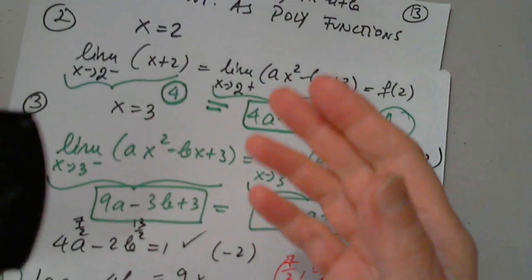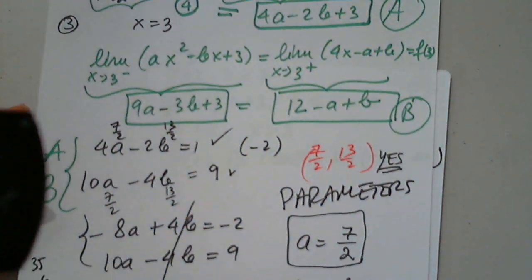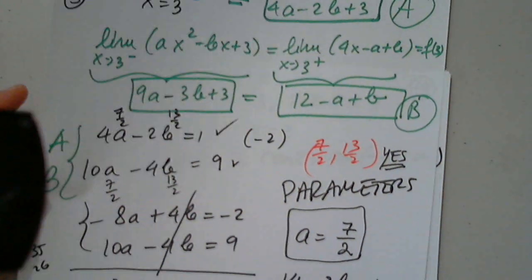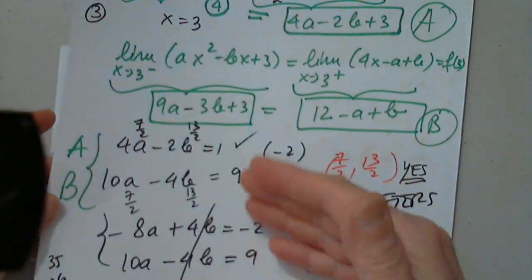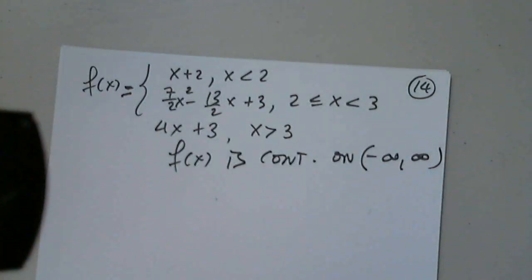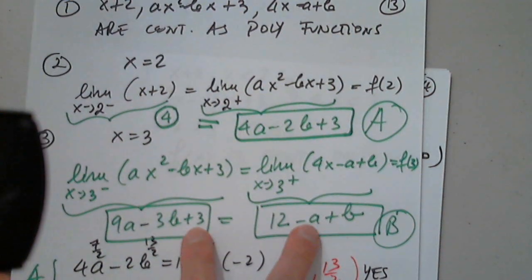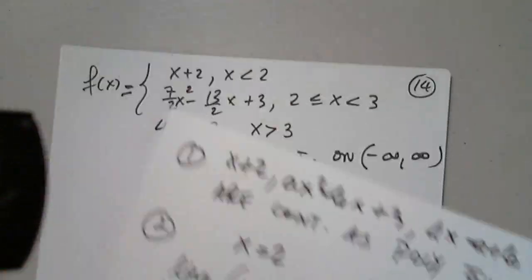So you have to set it up and so on and so forth. It's not really for a test situation because of all these steps. But it's not a difficult problem. It has more algebra in it than calculus. From the moment you establish the two equations, the rest is just algebra.